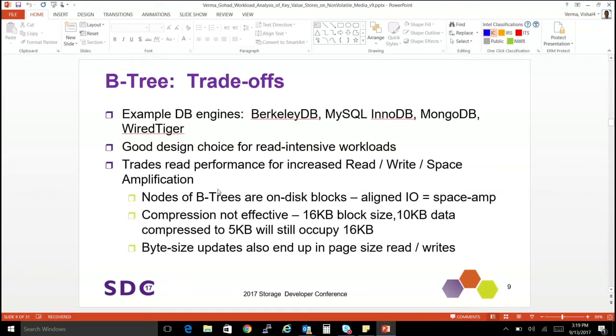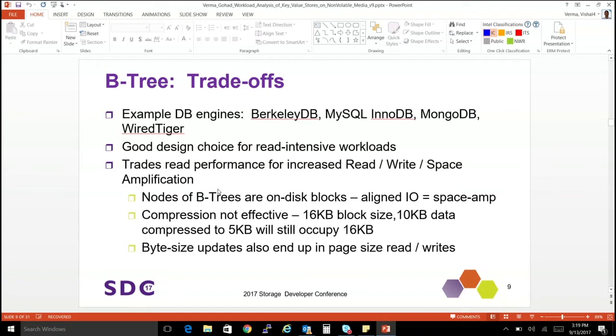Whenever there is a byte-size update, it has to be on a page-aligned IO basis, as I was saying. So a single byte ends up in a page-size read or write, and that involves a lot of space amplification.